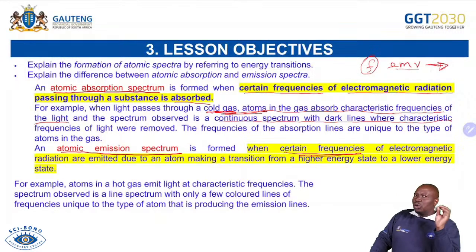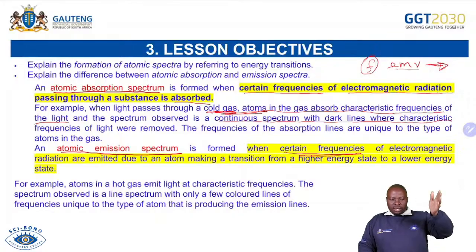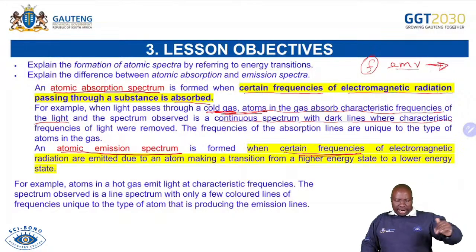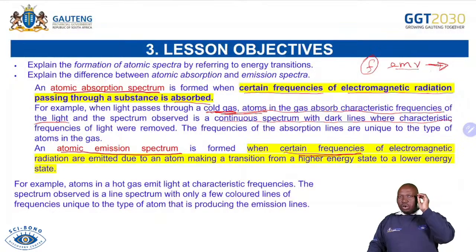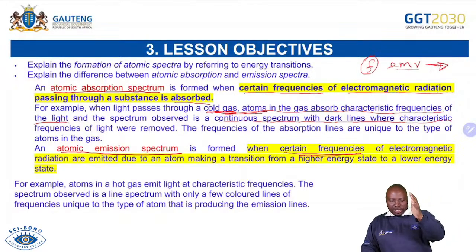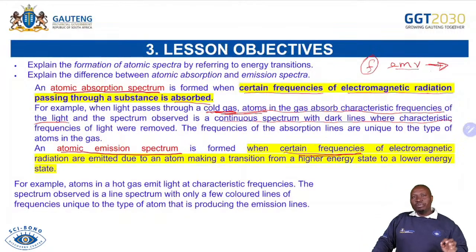In this case, they are not absorbed. Remember, with the absorption spectrum, we say certain frequencies of electromagnetic radiation passing through a substance are absorbed. In this case, we're saying these certain frequencies of electromagnetic radiation are emitted.